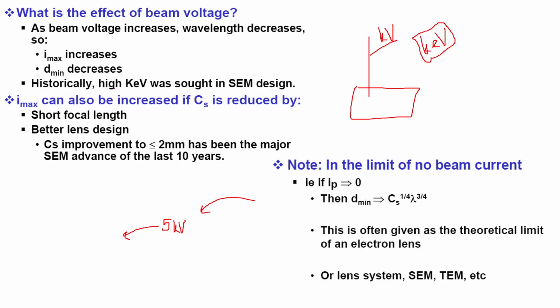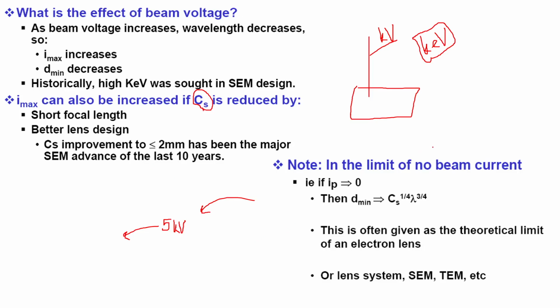Earlier people thought that the higher the kV, the higher the image quality, but spherical aberration also contributes to the image. The images taken at very high voltages, like 20 or 15 kV, were of low quality, and low resolution images were obtained. So depending upon all these conditions, the SEM should be optimized in such a way as to have the best resolution of your image.